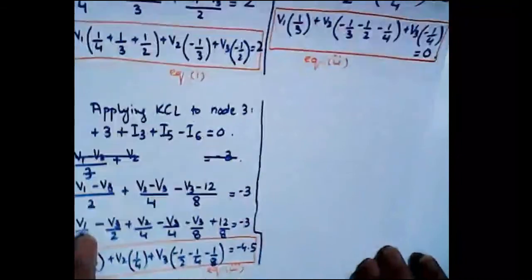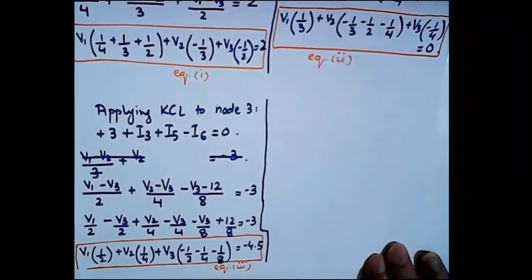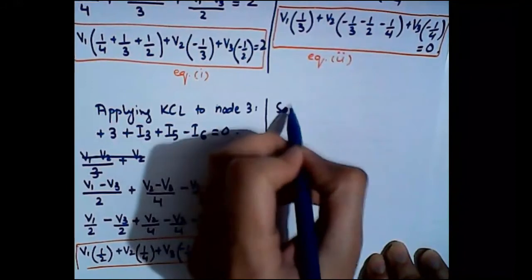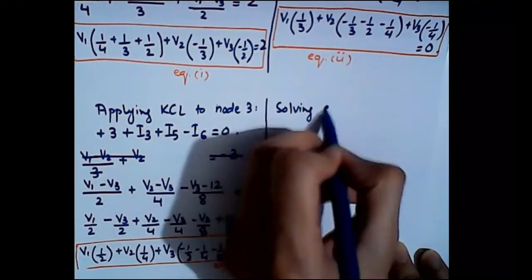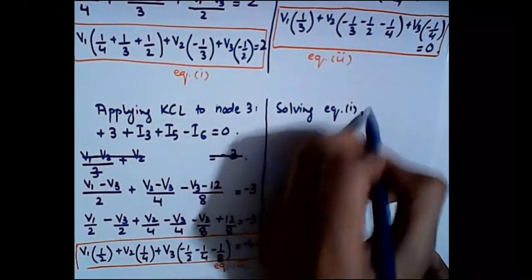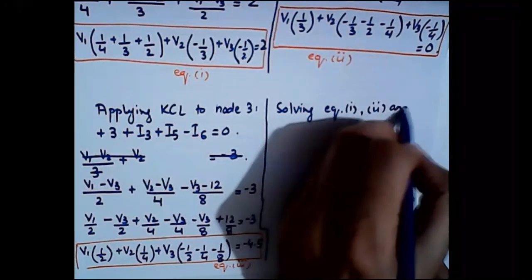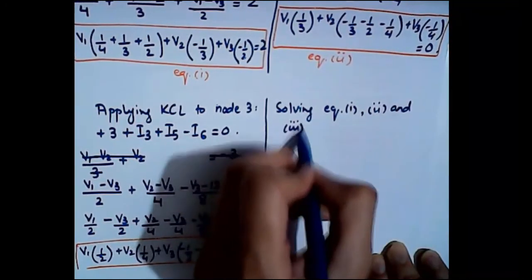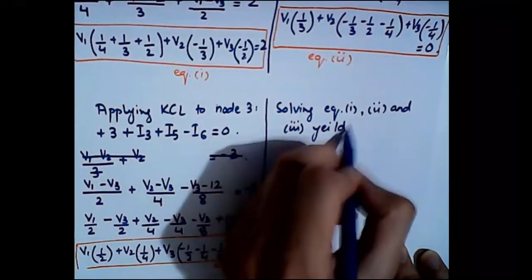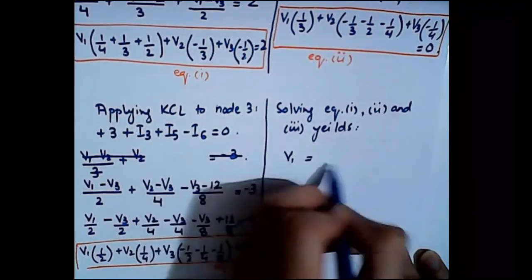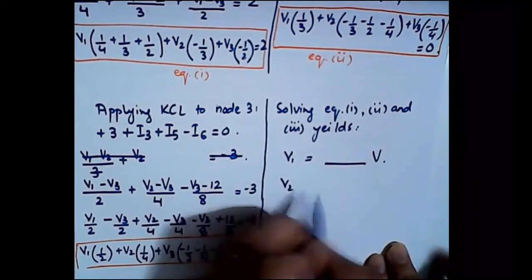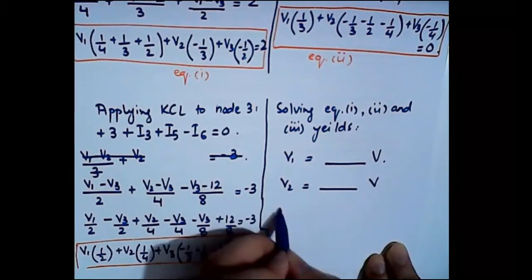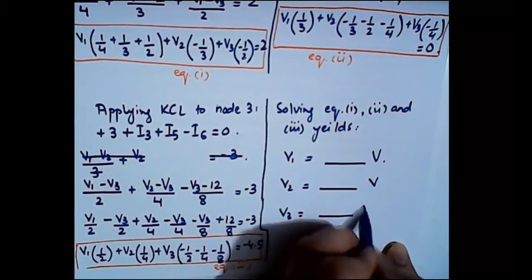Now solving these three equations, that is equation 1, 2 and 3, will give you the results of nodal voltage, right? So you can write, solving equations 1, 2 and 3 yields V1 is equal to this much volts, V2 is equal to this much volts, and V3 is equal to this much volts, right?